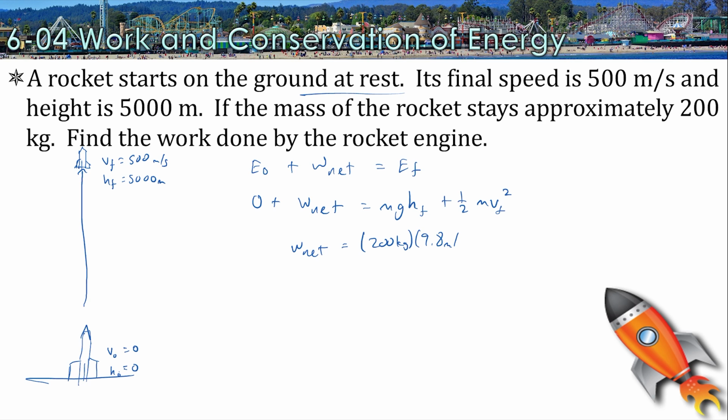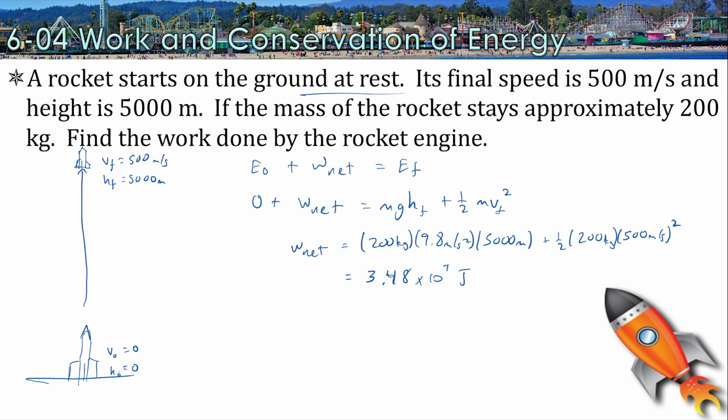G is 9.8 meters per second squared. And our final height is 5,000 meters. At that height, it's also going 500 meters per second. So add that all together, we get 3.48 times 10 to the 7 joules.